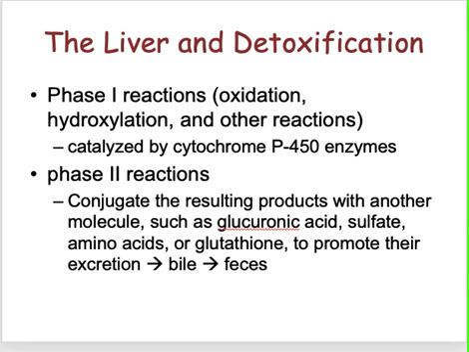For example, there is a toxic substance, and it can undergo phase 1 reaction in the liver, either oxidation, hydroxylation, and other reactions, and this is catalyzed by your cytochrome P450 enzyme. So your cytochrome P450 enzymes are a group of enzymes that do all these phase 1 reactions, and inactivate these toxic substances.